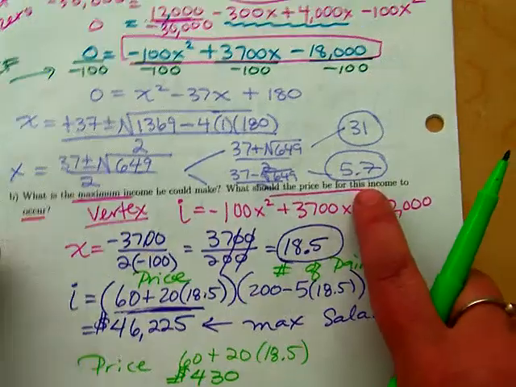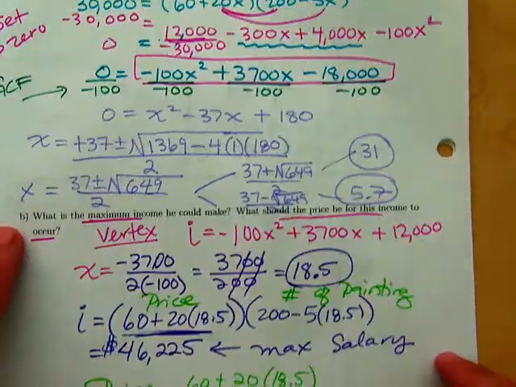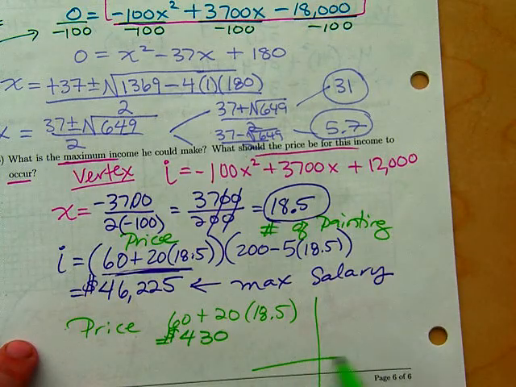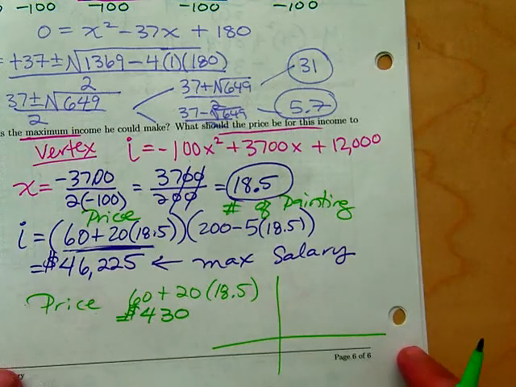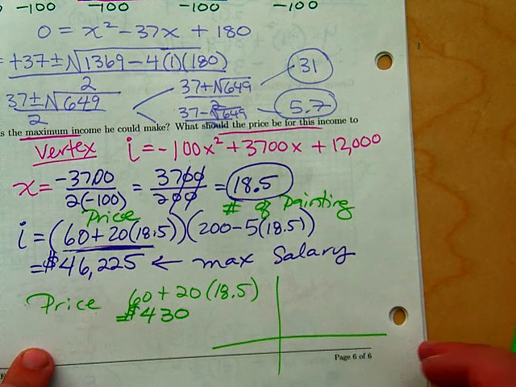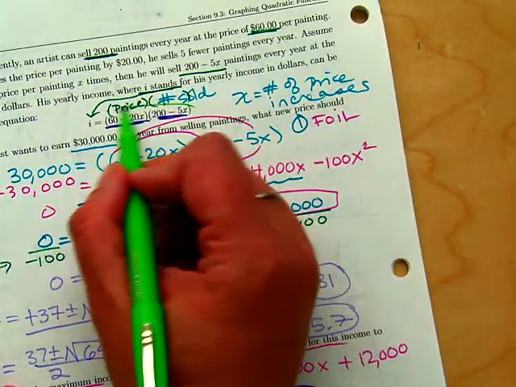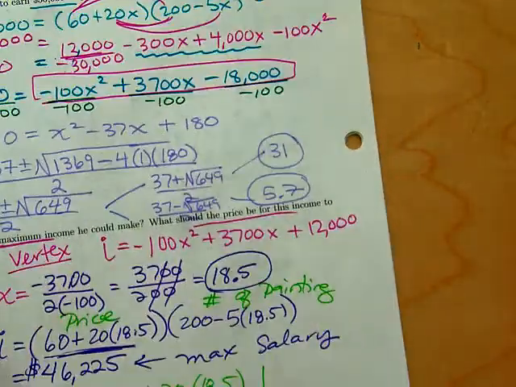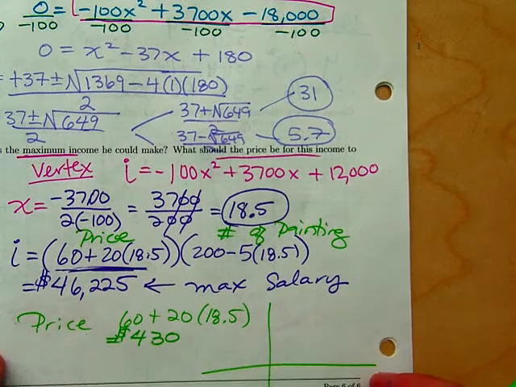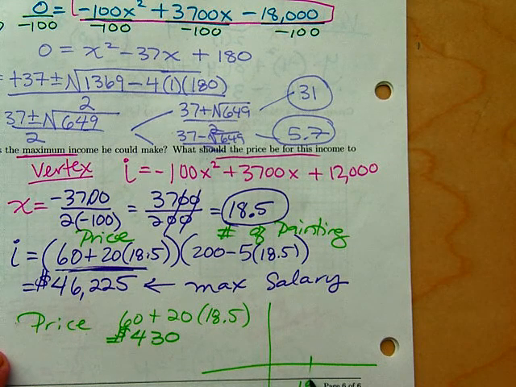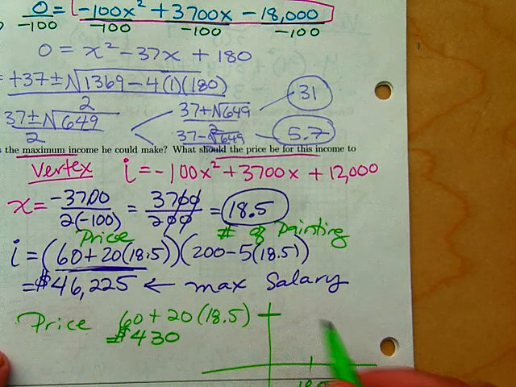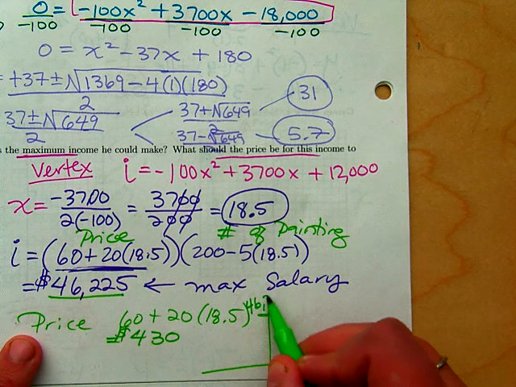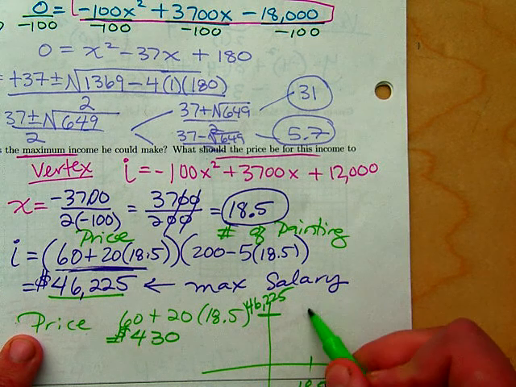Okay, let's go back to this problem then, because we didn't quite finish it off. What I wanted you to see is how we would actually need to set up the window. I think I'll just show this on Desmos once we end the video. So you can always type in this formula on Desmos if you're only just watching the video. One thing to be aware of here is X was 18.5, but this maximum salary was all the way up here at 46,225.